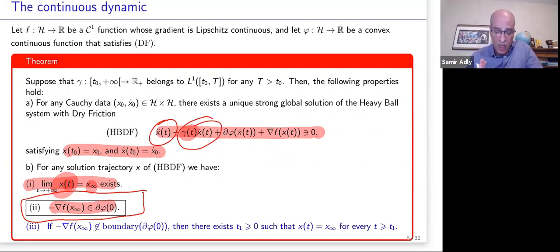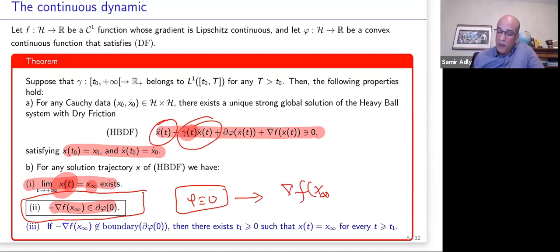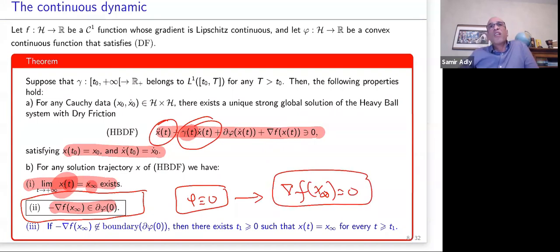This is the stationary equation, or the equilibrium. So we have to observe what happens if phi is 0. If we don't have any dry friction, we will get only a stationary point. This is the link with optimization. We got a stationary point.